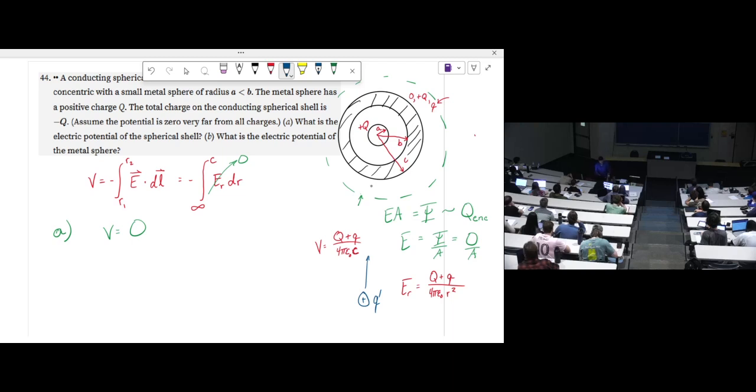But this all is presupposed on the fact of, if we bring a charge in from infinity, how much work are we going to have to do to get it there, right? And so that's what electric potential states, and we're bringing this charge in from infinity to the surface of the outer shell. So that's why we integrate to C. C is the outer radius of the shell. So we're seeing how much work it would be to bring in a charge from infinity to the outer wall of the shell.